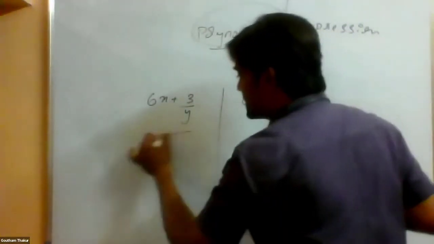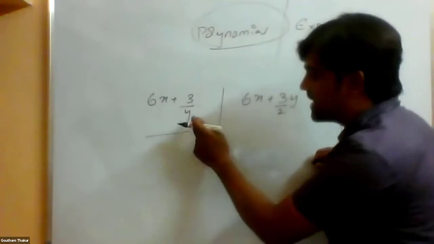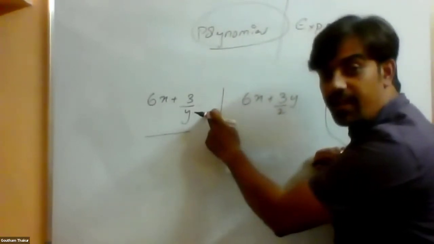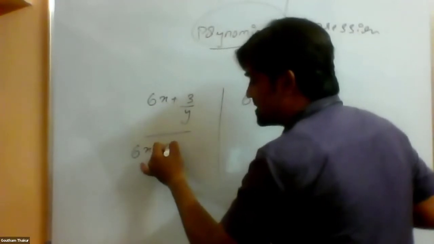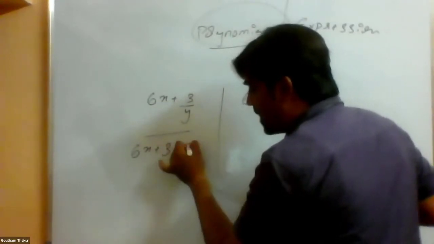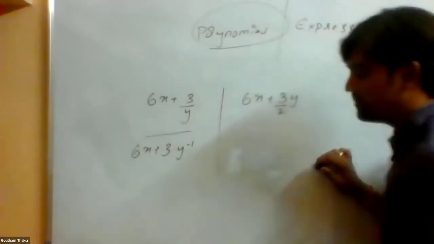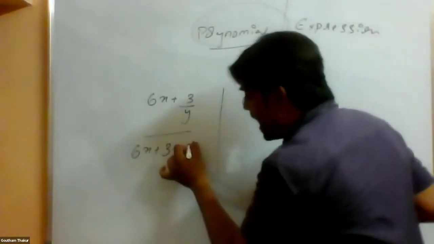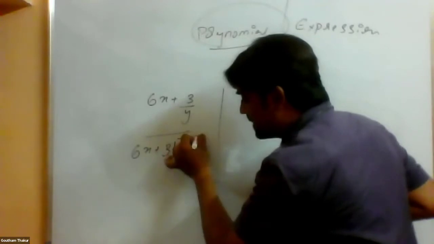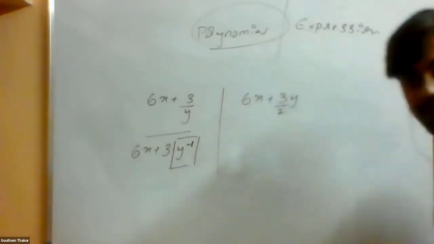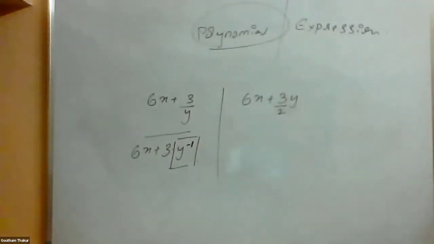When I say 6x plus 3 by y, if I just resolve this, what will I be getting? 6x plus 3 into y power of minus 1. Wherein I have a power for a variable in a negative value.